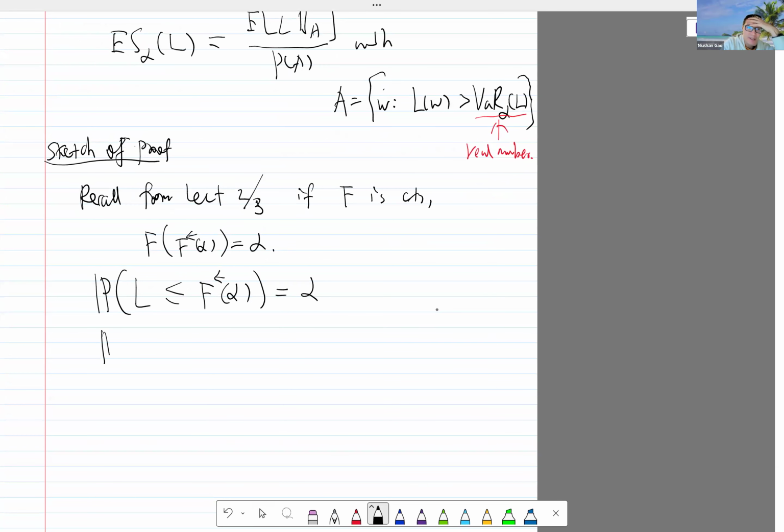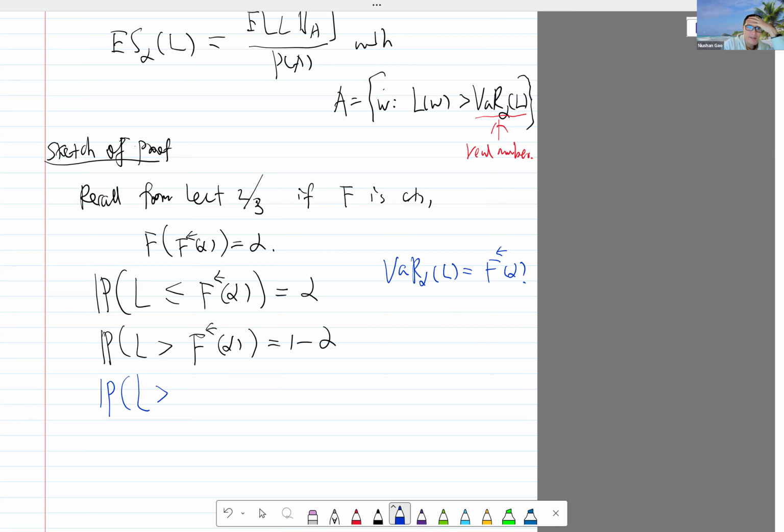So another way to say is that the probability of L larger than this guy equals 1 minus alpha, right? And by definition, recall what is the definition of value at risk? It's defined as F left arrow, right? So basically, this tells me that the probability of L larger than value at risk of alpha equals 1 minus alpha.